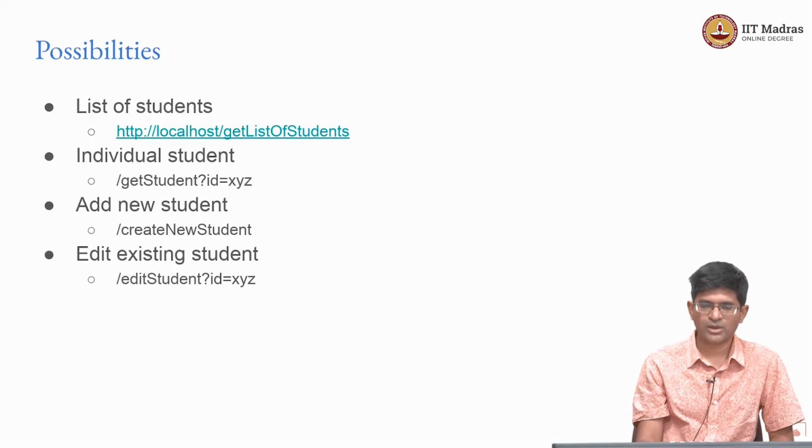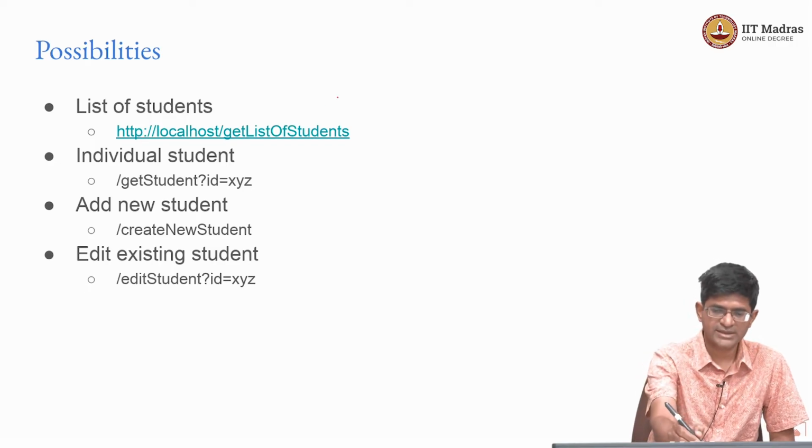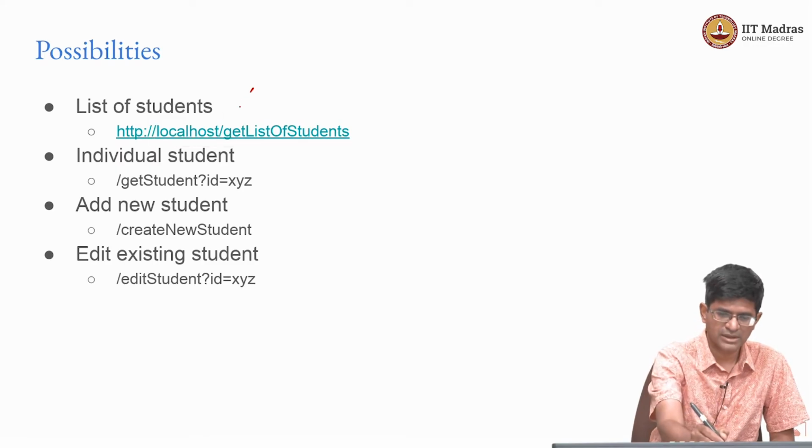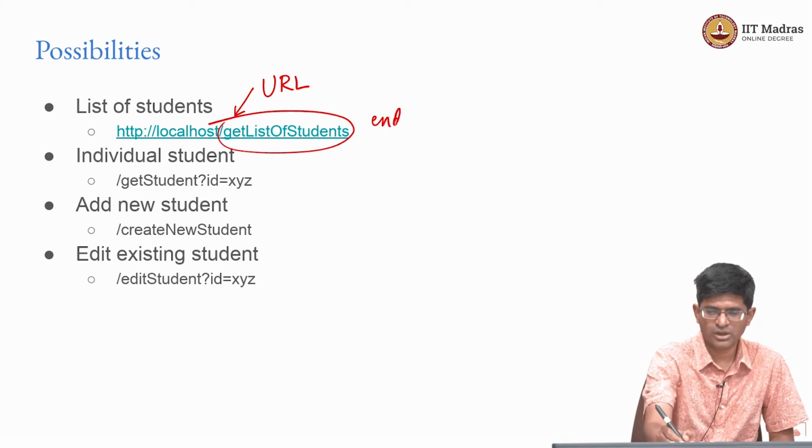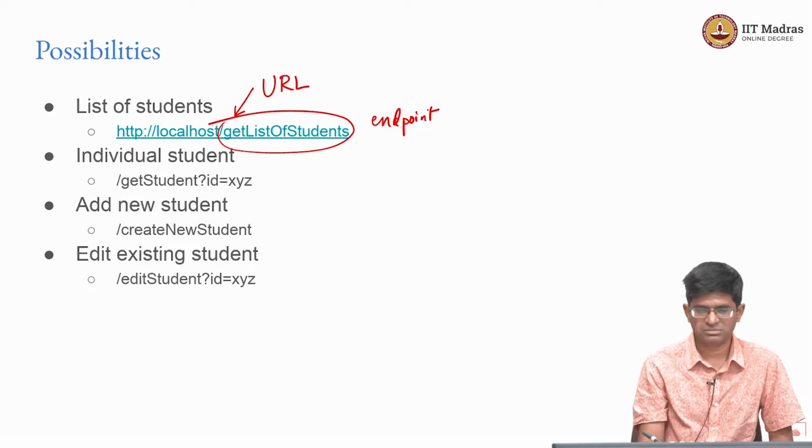Which means that I now need to sort of say that, look, this is a URL, right? And this part of it, right, the latter part is essentially what I will call the endpoint. Okay, and I could go and define an endpoint that says /get list of students. Okay, so the endpoint is basically the part that appears after the server name.